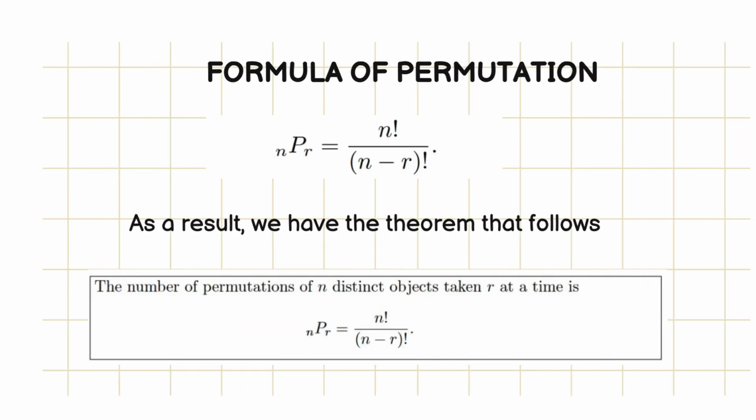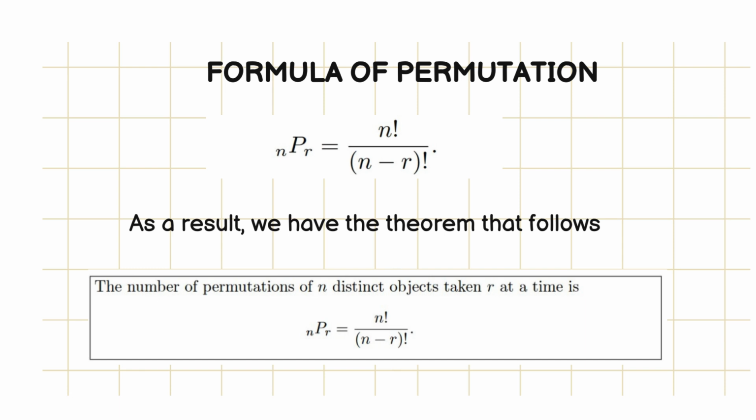This is the formula of permutation. We call it n permutation r equals n factorial over n minus r factorial, where n is the total number of objects in a set and r is the number of objects selected. And as a result, we have the theorem that follows.